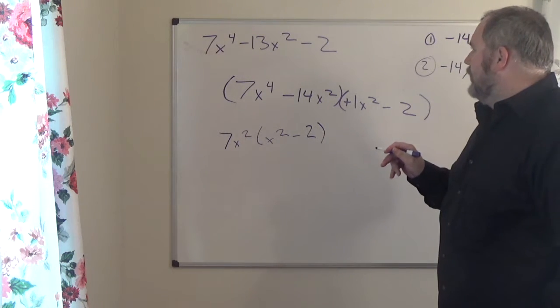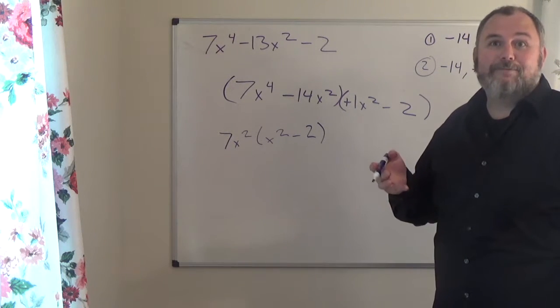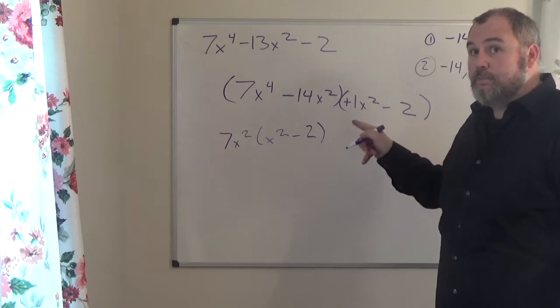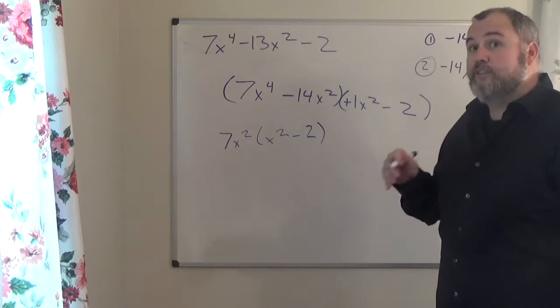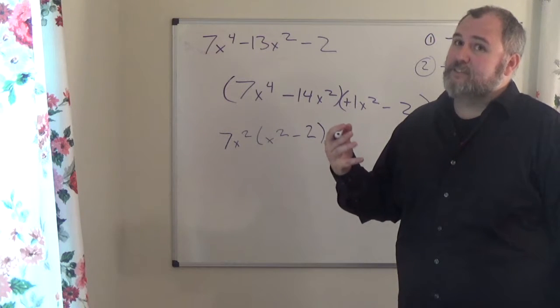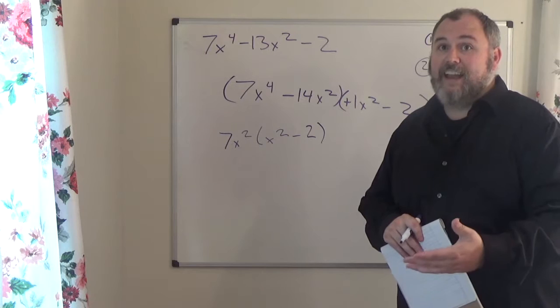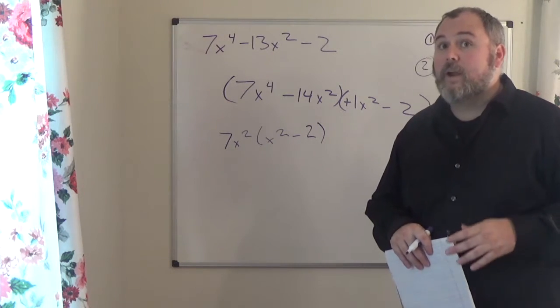Wait a minute. This is weird. So what can I factor out? Guess what? I can factor out the plus 1. Okay? Sometimes that happens. Sometimes you're going to have to factor out the 1. You may not see it at first, but you're factoring out the 1. You also might be factoring out a negative 1. So just be aware of that.